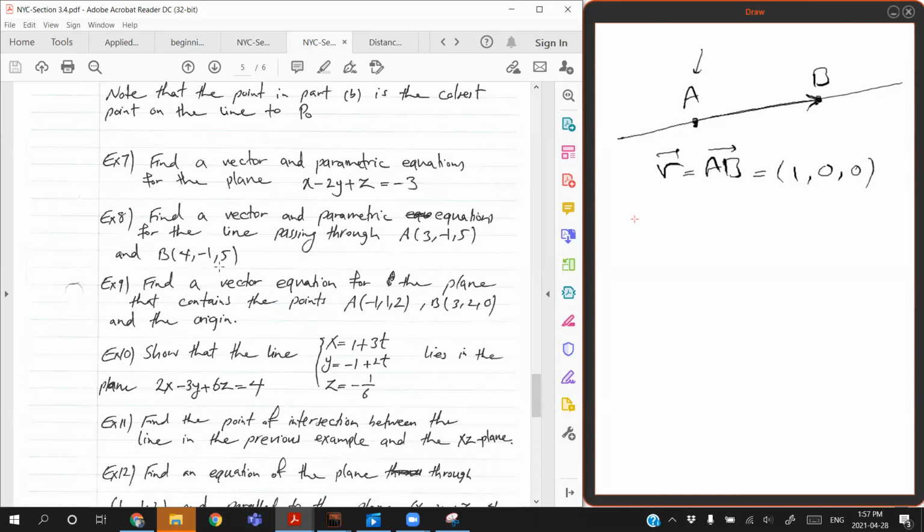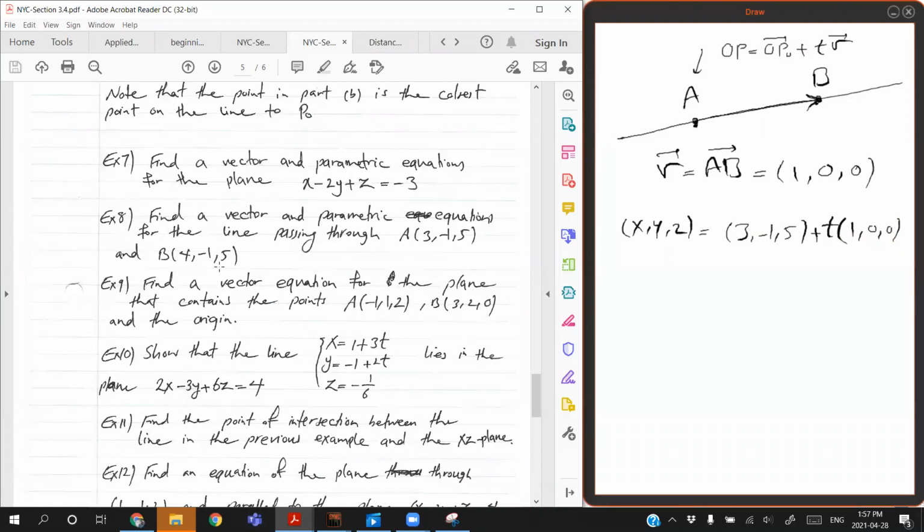So just to remind you, it's going to be x, y, z equals OP0 plus tV. Yes? So x, y, z is OP0. I'm going to use A for that, 3, negative 1, 5, that's the point, plus tV, 1, 0, 0.